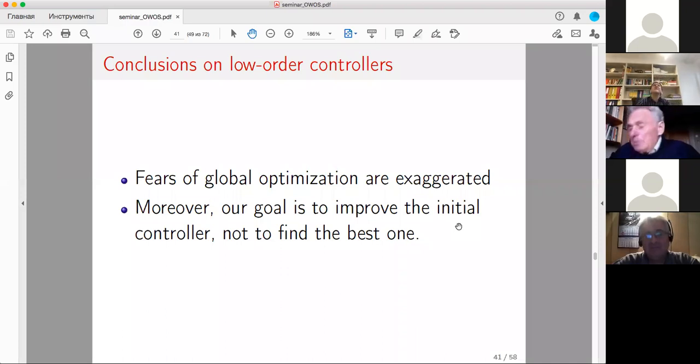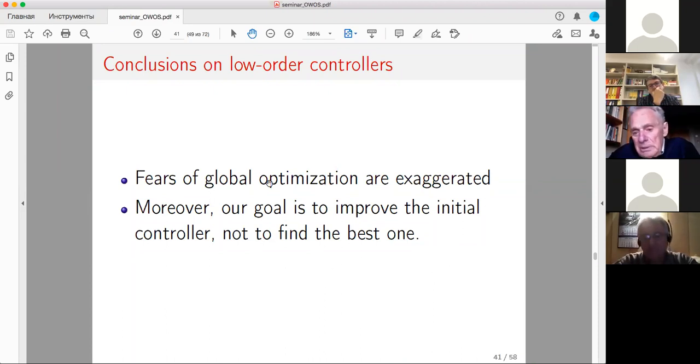In this kind of problem, we are not looking for global minima. We have some initial controller, initial regulator, and we just want to improve it as much as possible, but not to find something absolutely different.